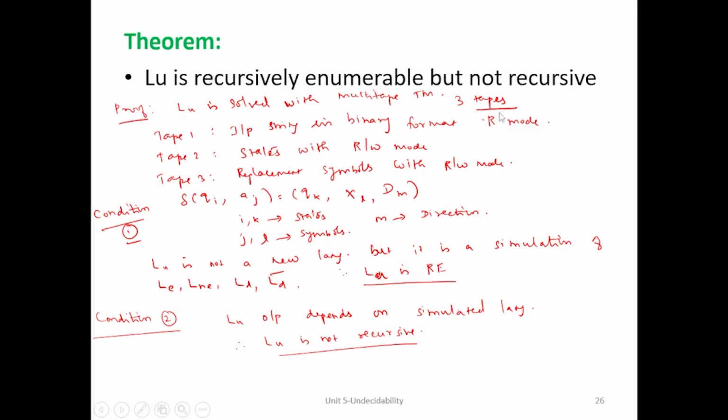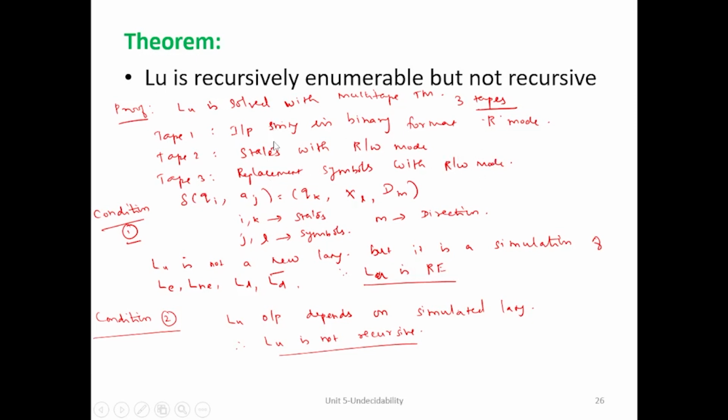3 tapes are necessary. Tape 1 contains the set of input strings, in binary format, in read-only mode. Tape 2 contains the set of states Q in each notation, but that tape is in rewritable mode, so you can replace one state with another state. Tape 3 contains replacement symbols, which is also in rewritable mode.